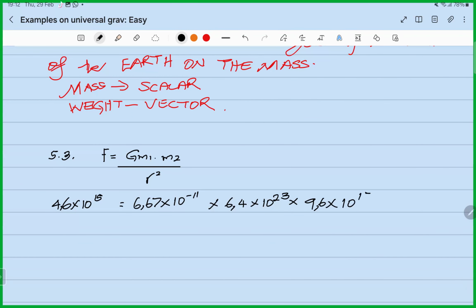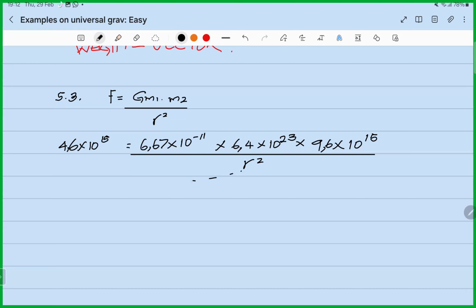What I've noticed is that there are many learners that don't have the newer calculators. So for you, I'm going to do the long approach and calculate R. I'm going to take r squared up to this side, and bring down 4.6 times 10 to the 15 here.